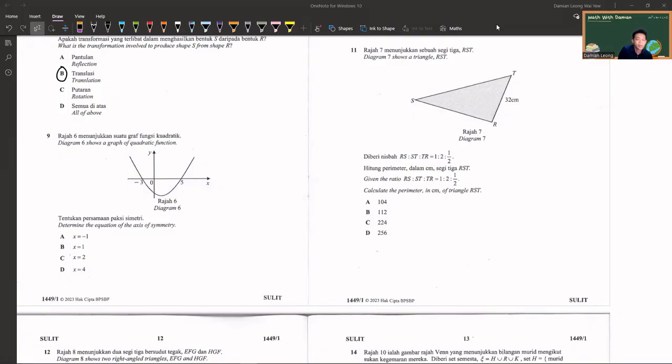Kami mencari nilai tengah bagi dua persimpangan paksi-x ini. Both of these x-intercepts, the midpoint of it. So x equals (-3 plus 5) divided by 2. Midpoint, so add together divide by 2. So it's x equals 1. So answer is B.